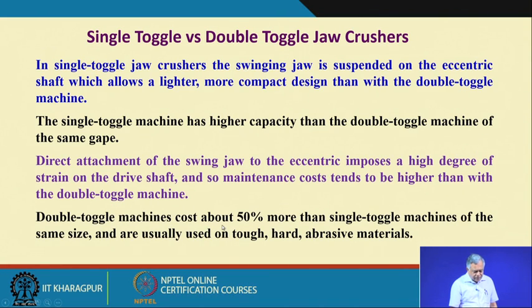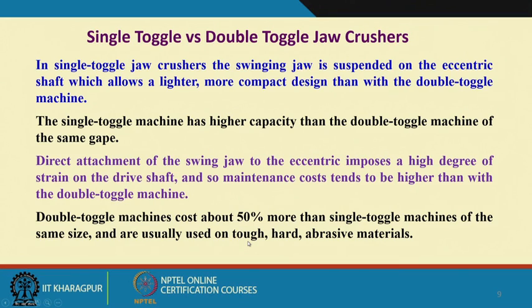Double toggle machines cost about 50% more than single toggle machines of the same size and are usually used on very hard material. So, even though it costs 50% more than the single toggle machine and its capacity is less, it is still used for very tough, hard and abrasive material.